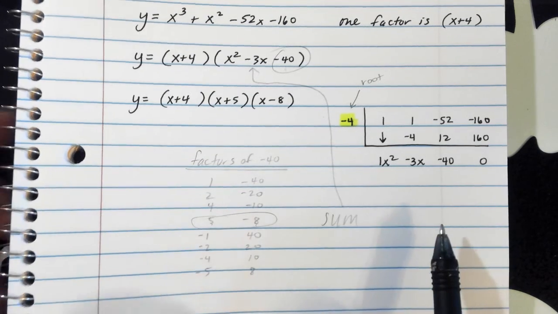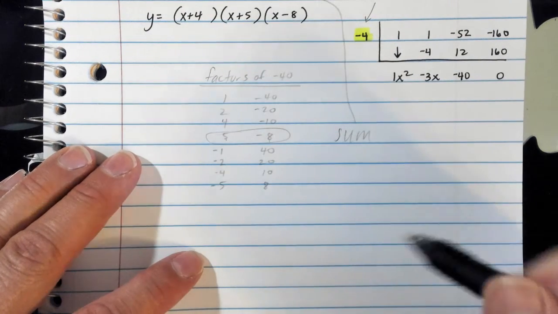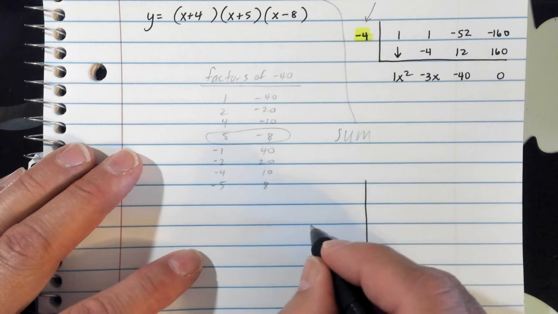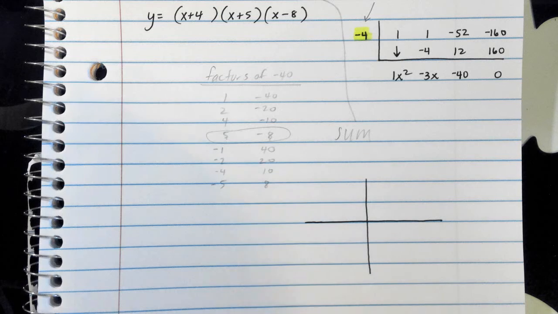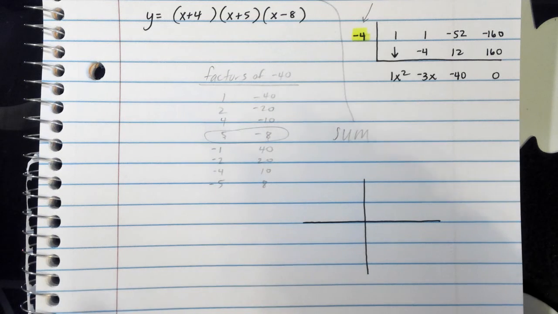Once it is completely factored, then you can accurately sketch what it's going to look like. And again, by accurately sketch we mean what are the exact locations of the x-intercepts.